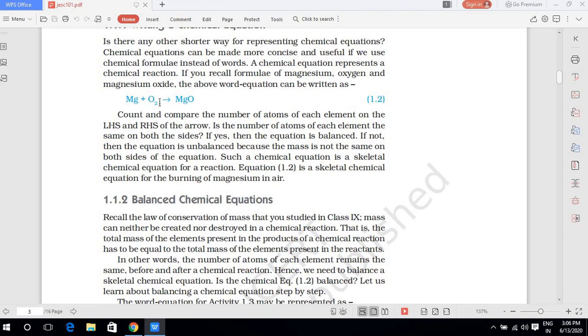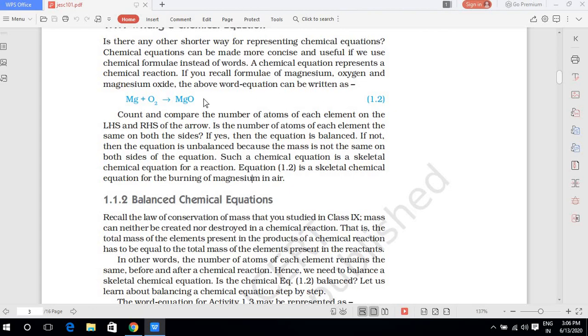And when the number of molecules in a reactant is equal to the number of molecules in a product, it is called a balanced chemical equation.